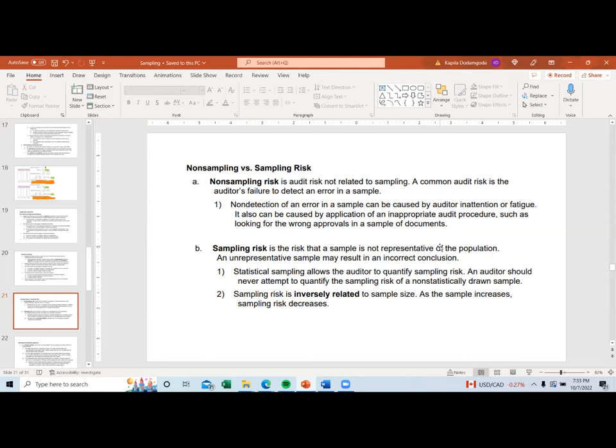That can happen because you have not picked the sample using proper judgment or a proper statistical method. Or else you may have used the correct method, but the sample size may not be good enough. Whatever the way, you pick the wrong sample and come to the conclusion. That is sampling risk.